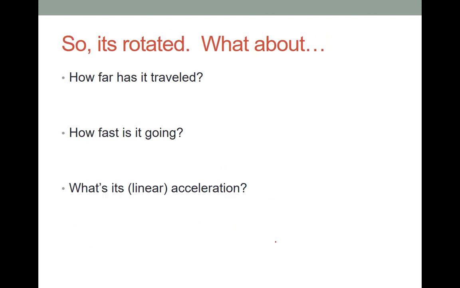We can relate the linear variables to the angular variables. We've already written down how to get from angular position to arc length, S equals r theta. And we know that if I take the derivative of arc length, that's going to give me velocity.